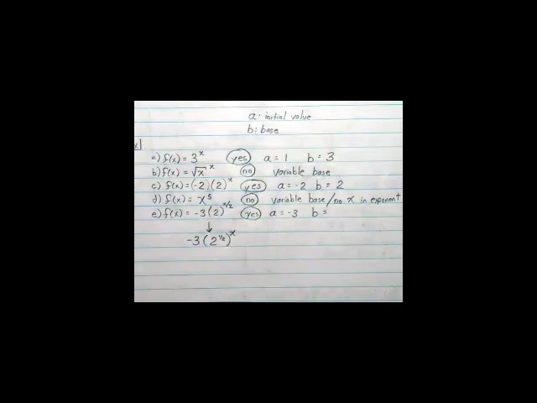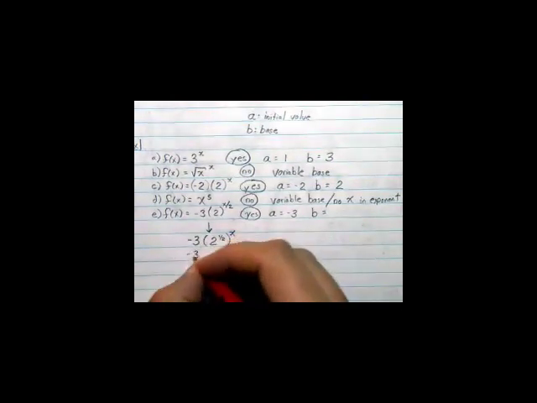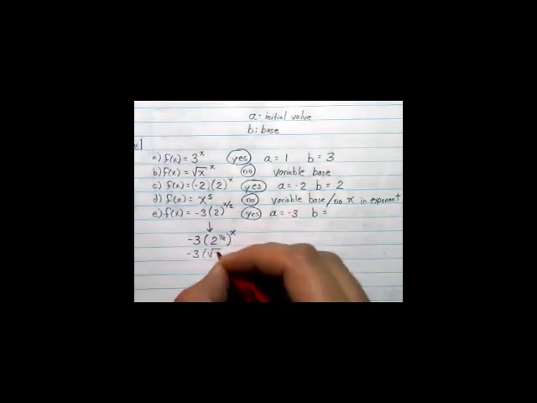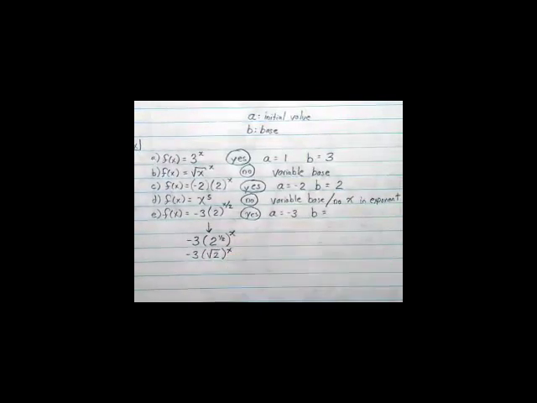It's power of a power is what that's called. So if I can take that 1/2 off that x, bring it down inside, what is 2 to the 1/2 power? That's a square root, right? It's a square root of 2. So this is negative 3 times the square root of 2 to the x. So actually, even though you see just a 2 in the parentheses there, the base is actually the square root of 2.